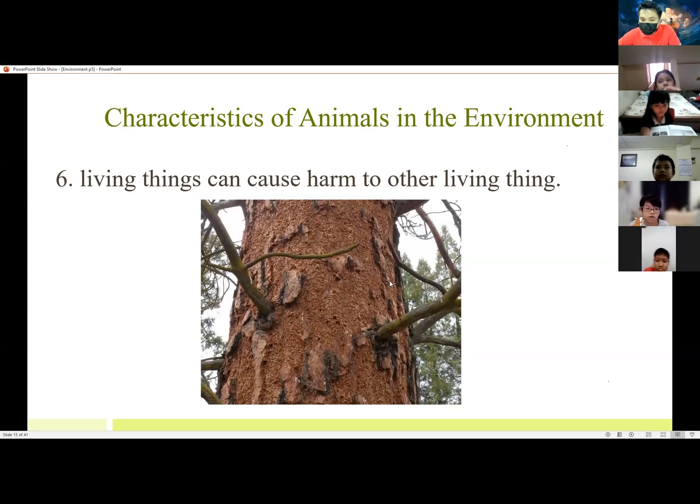If the aphid goes there, it will get the nutrients, the water, the food, and after that, that plant will die. Just like this picture. Soon, this tree will die.